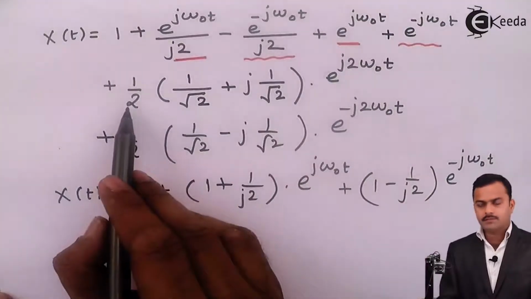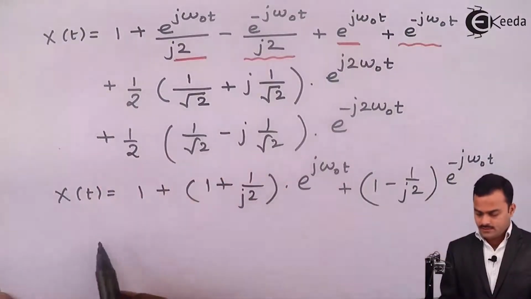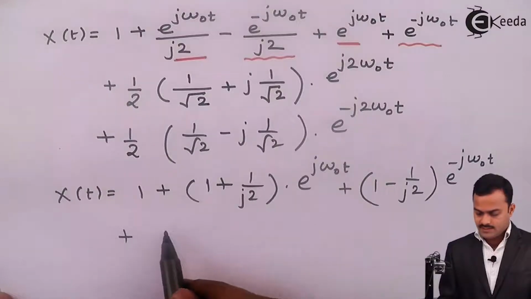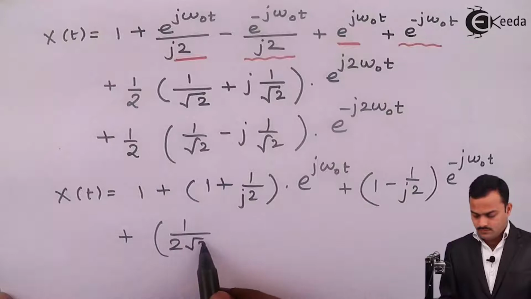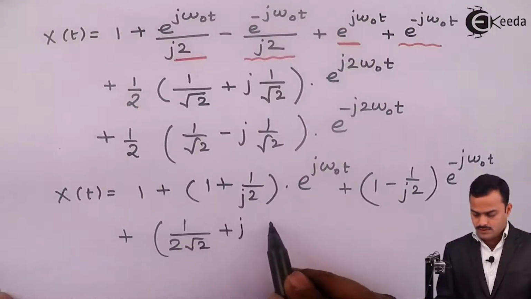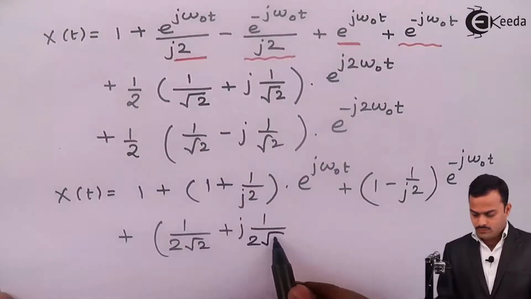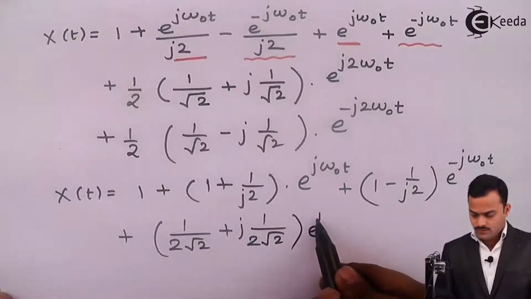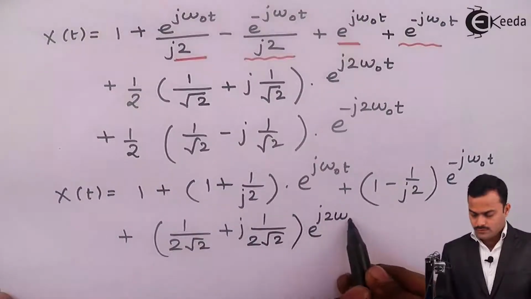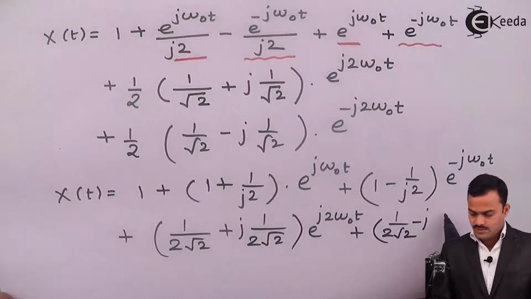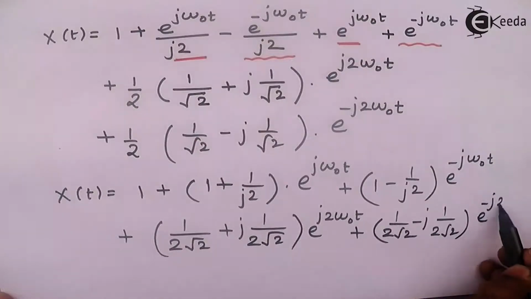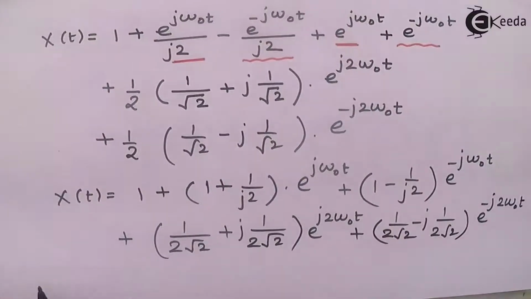Just I will multiply 1 by 2 inside, so that I'll get 1 by 2 root 2 plus j 1 by 2 root 2 e raised to j 2 omega 0 t plus 1 by 2 root 2 minus j 1 by 2 root 2 e raised to minus j 2 omega 0 t.